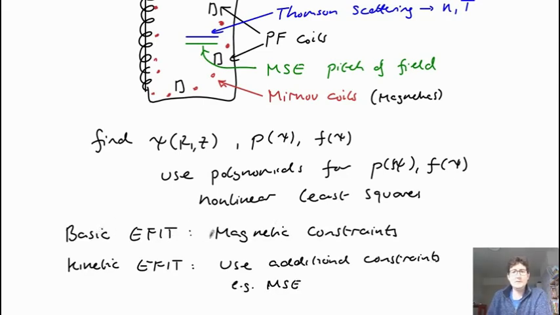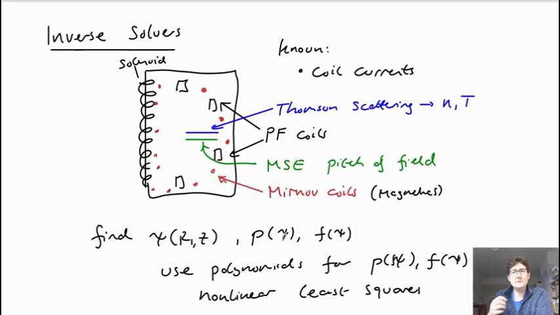And this EFIT is usually one of the most fundamental parts of the analysis chain. So every time a shot is done on a tokamak, there's a whole load of diagnostics which measure hundreds of data signals, and in order to interpret them, we need to know where in the plasma the diagnostic is looking, where the measurement is coming from.